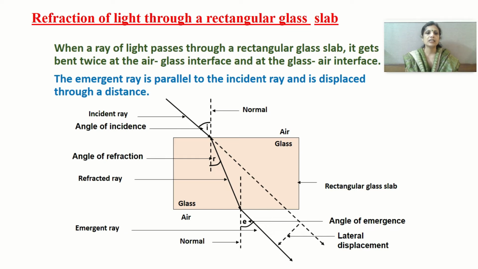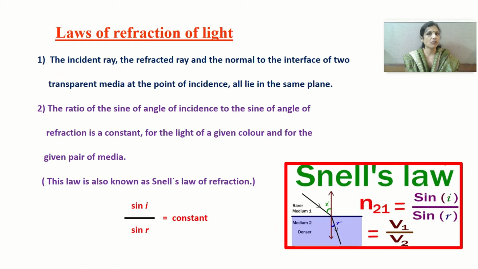Then next is laws of refraction of light. Like how we have learnt about laws of reflection of light, now refraction of light. The incident ray, the refracted ray, and the normal to the interface of the two transparent media at the point of incidence all lie in the same plane.